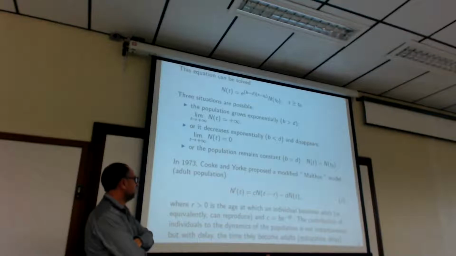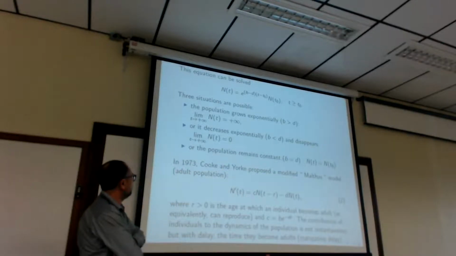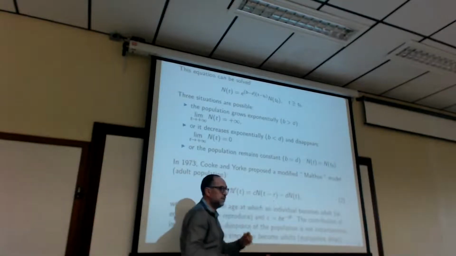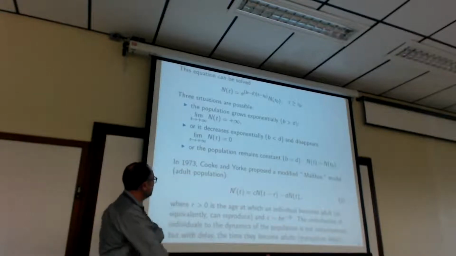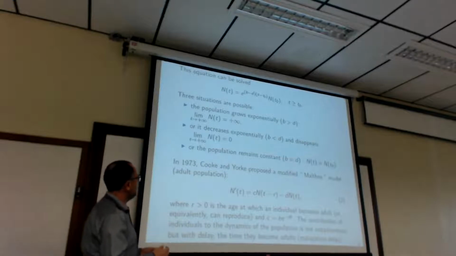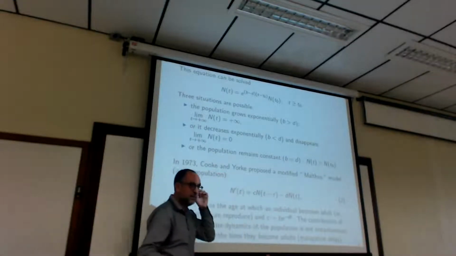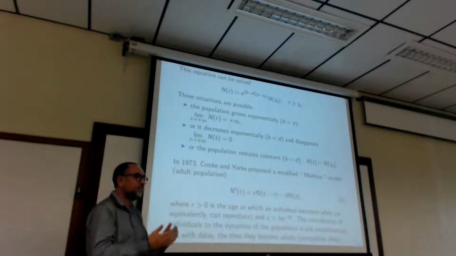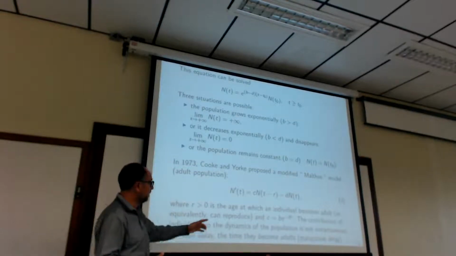This delay was introduced, for example, for this model by Cooke and York. They consider the Malthus model for only the adult population, and they add this delay. Why? First, we consider only the adult population because, let's say, for example, we take R equal to 18. Populations cannot produce other individuals before 18. You have to wait until 18. This is why we have this.